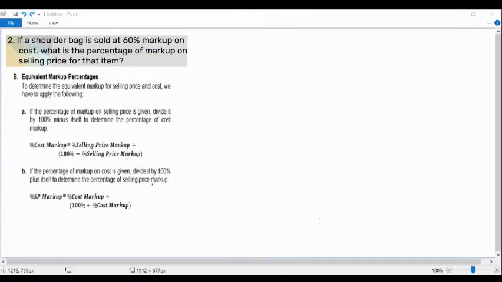Next example, if a shoulder bag is sold at 60% markup on cost, what is the percentage of markup on selling price for that item? So we have a given of percentage of markup on the cost. So that is 60%. And we're looking for the percentage of markup on the selling price.